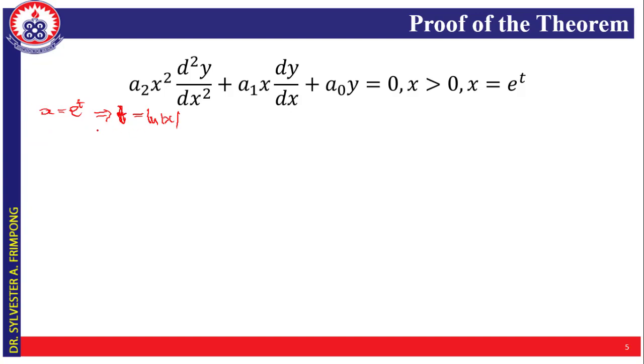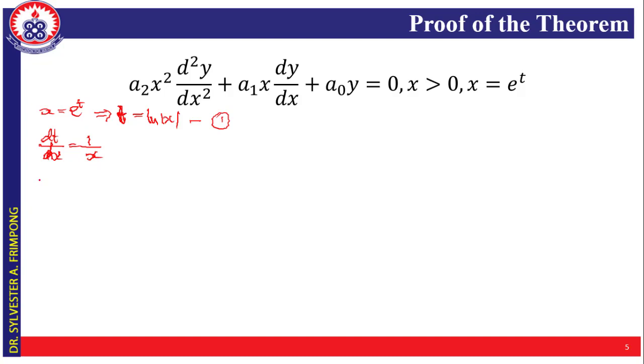Now we need to find dy dx and d squared y dx squared and do a substitution here. So we know that if I call this one equation 1, if you differentiate this with respect to x, that is dt dx, you're going to get 1 over x because this is ln x.